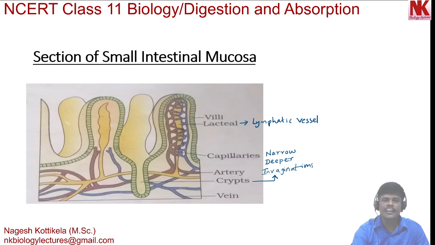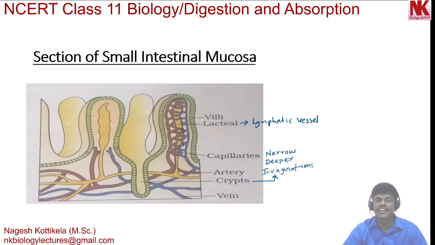So here we have discussed about different modifications formed by the mucosa in different parts of alimentary canal. Here the main purpose of modification is the structures like villi, microvilli, they are increasing the surface area enormously.